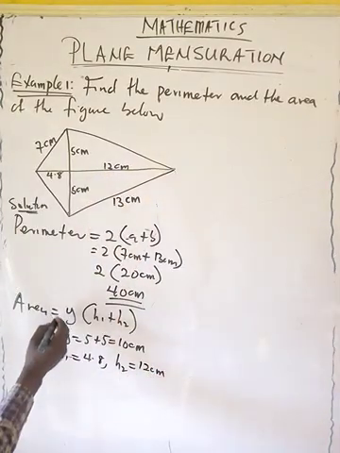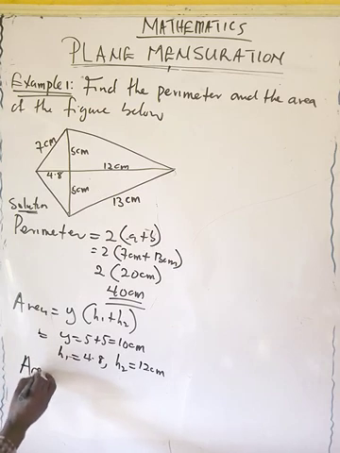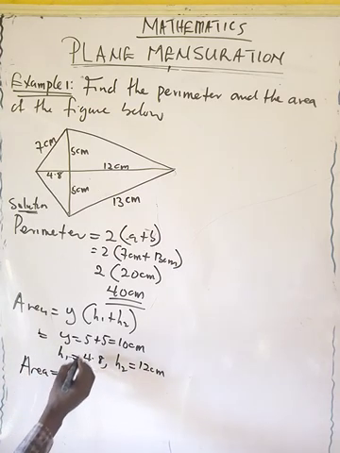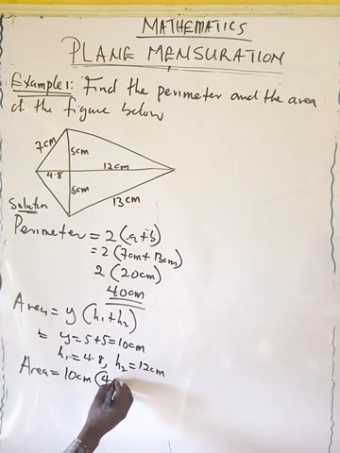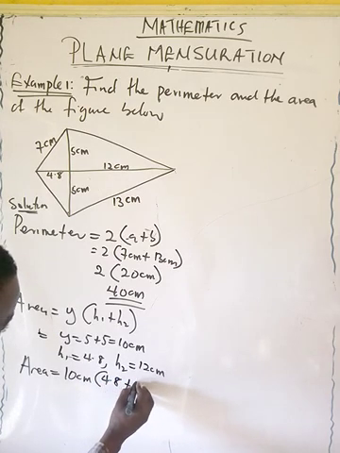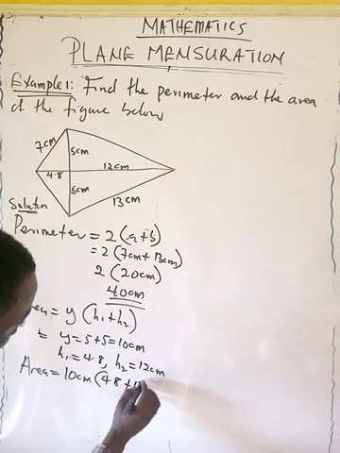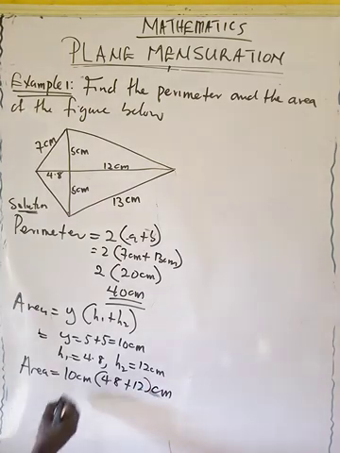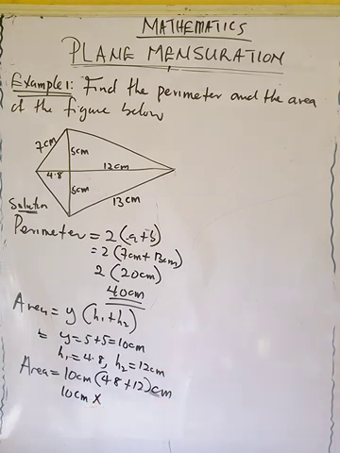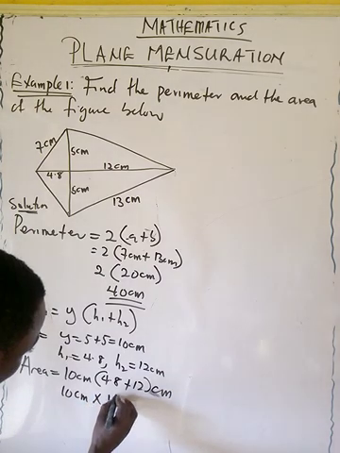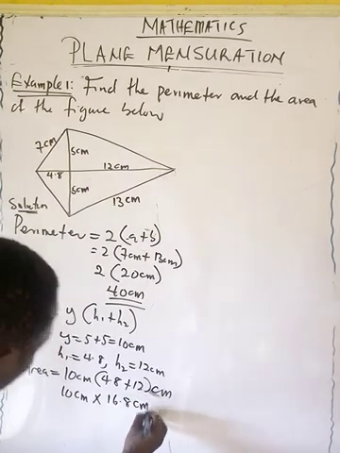So from the formula, our area equals our y, which is 10 centimeter, into bracket of 4.8 plus 12 centimeter. So we have 10 centimeter times 4.8 plus 12, which will give us 16.8 centimeter.